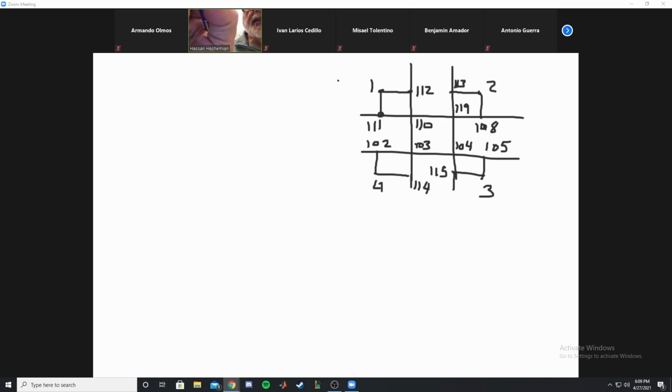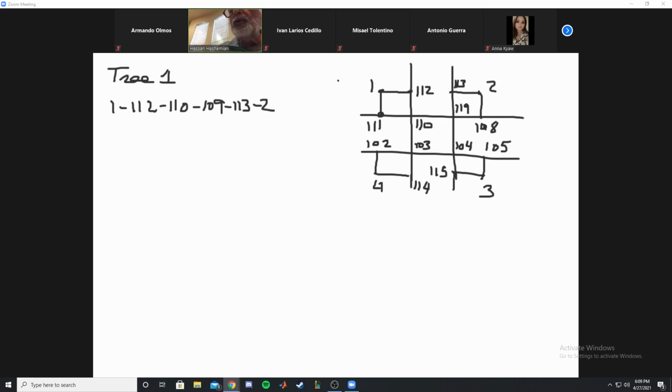So for instance, tree number 1: you go from 1 to 112, and then you go to 110, and then you go to 109, and you go to 113, and then you go to 2. So this is from home node number 1 to home node number 2.